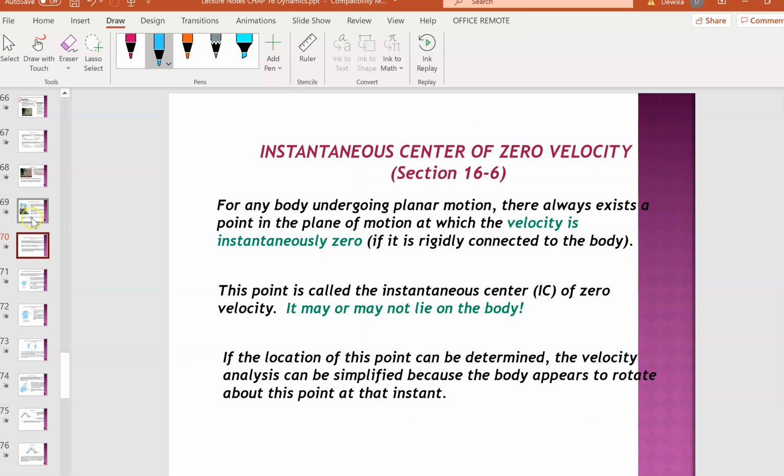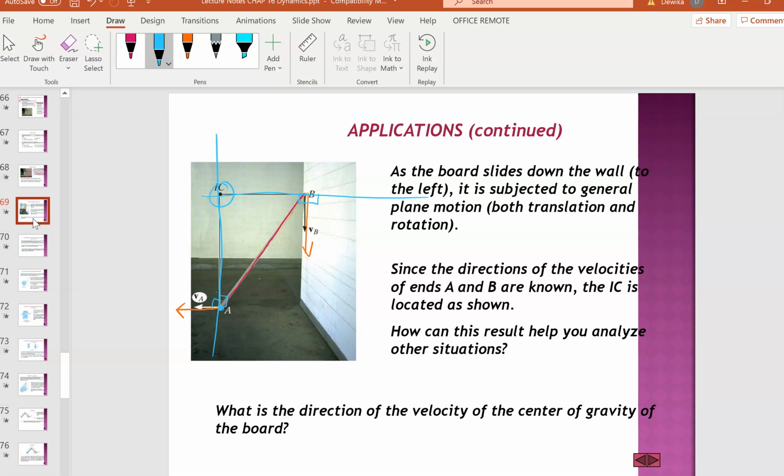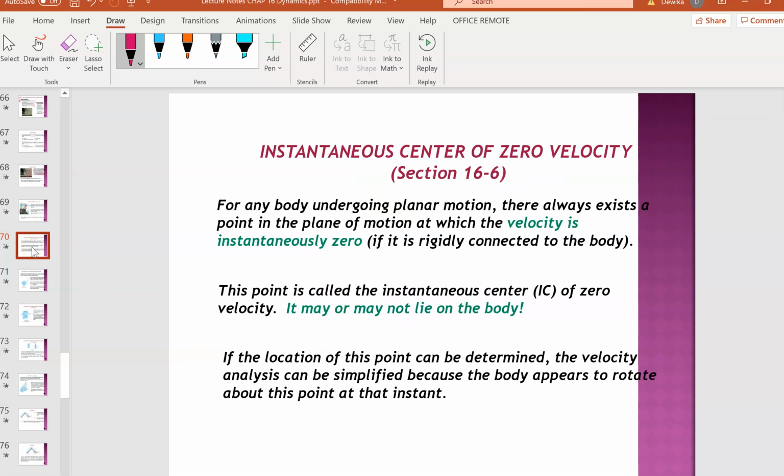Now, why is it important? Because when you find your IC, you can find equations that connect B and A. That's the whole idea of finding the IC. For any body undergoing planar motion, there always exists a point on the plane, rigidly connected to the body, at which the velocity is instantaneously zero.